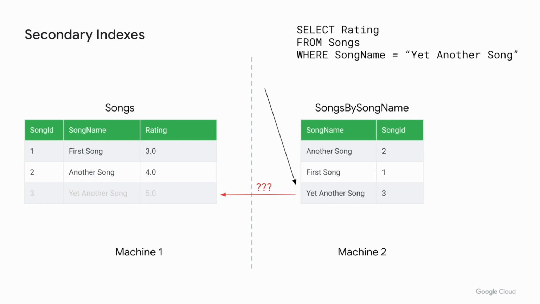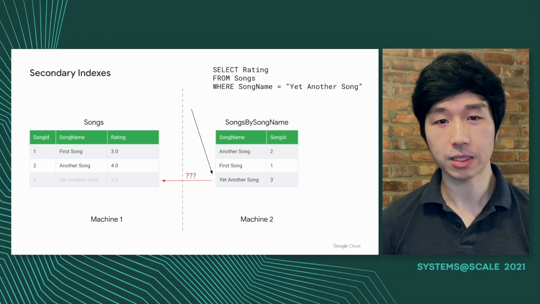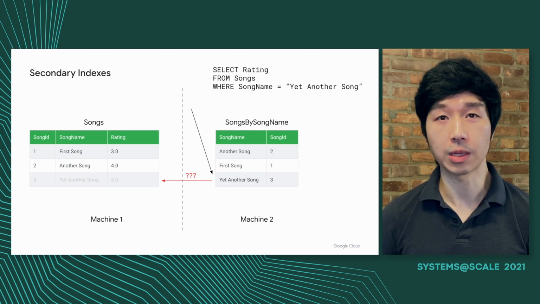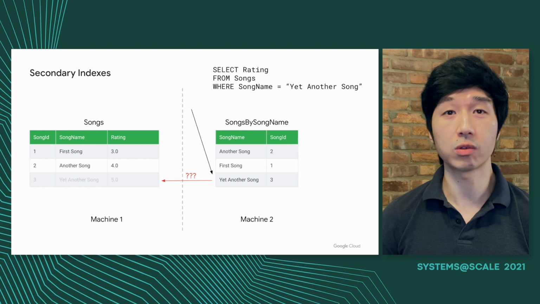So in this case, we're trying to look up a song by its song name, but the property we're trying to retrieve is a column that's not found in the index. So what we actually need to do is go to the index, look up the song ID from the song name, and then go back to the base table and try and look up the original song row and look at the column we need.